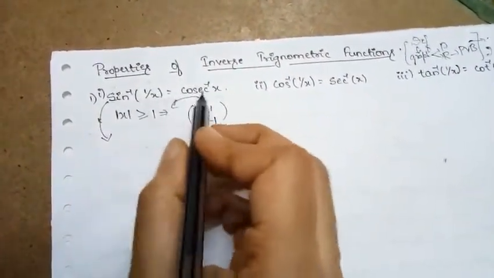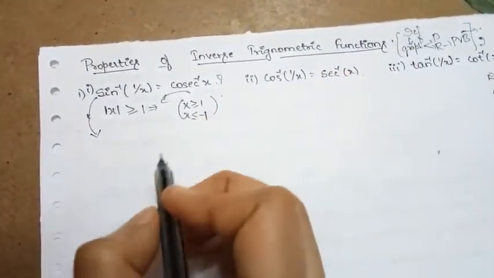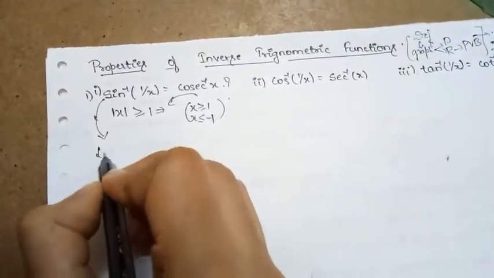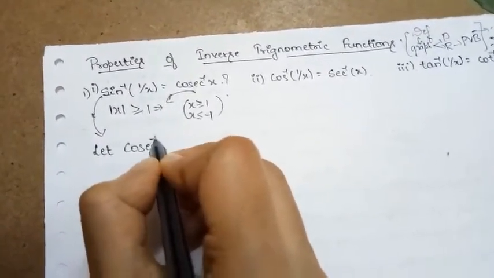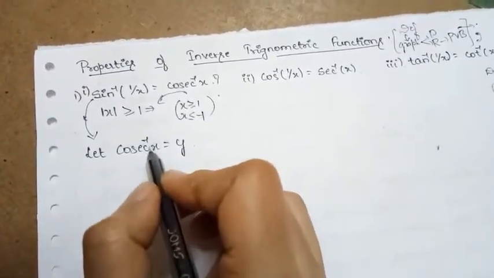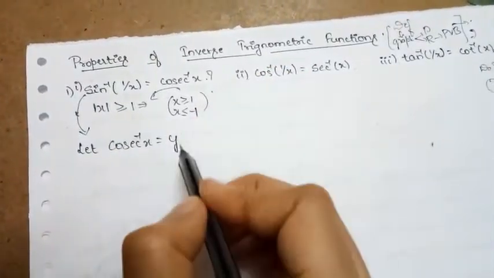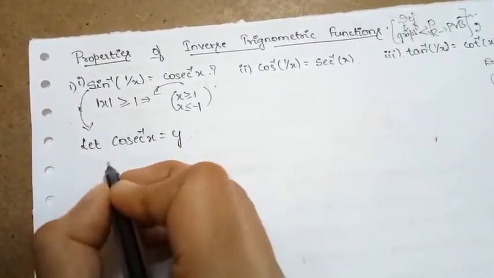That is, sine inverse 1 by x is equal to cosecant inverse of x. How are we going to prove it? Let cosecant inverse of x be equal to y. So cosecant inverse of x gives some value, and let that value be y. What does that imply?